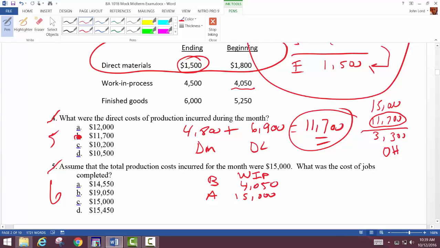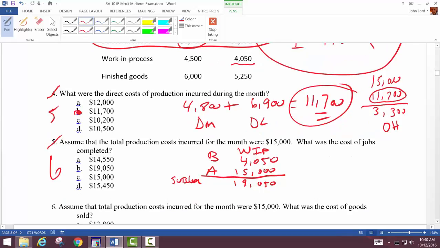What is it? 15,000? That's the sum of my direct materials, direct labor, and my manufacturing overhead applied. So I have a subtotal here of 19,050. With me so far? Okay.